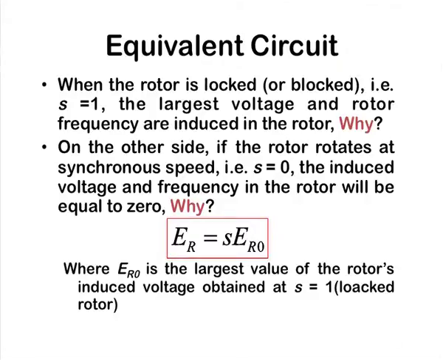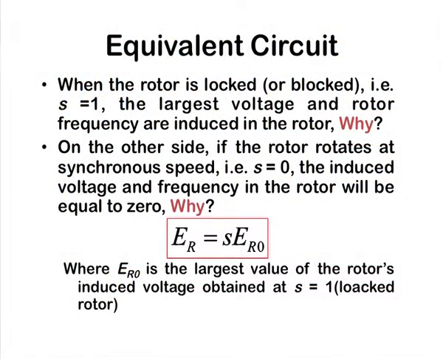So, what conclusion are we finding? That the induced EMF in the rotor circuit is a function of slip, and therefore we can write this induced EMF ER in the rotor as slip times the induced EMF when the slip is equal to 1. So, ER is equal to S ER0.